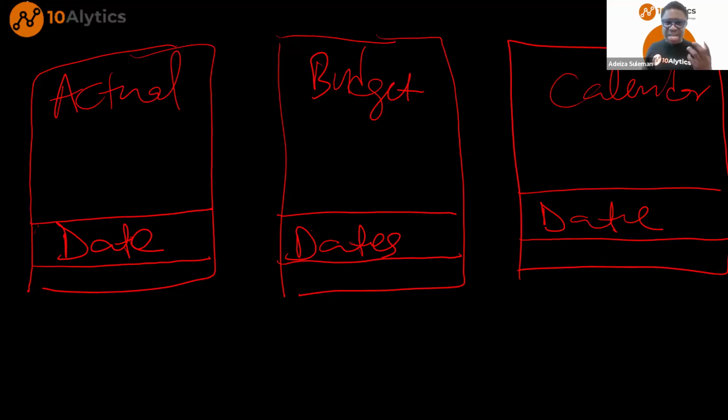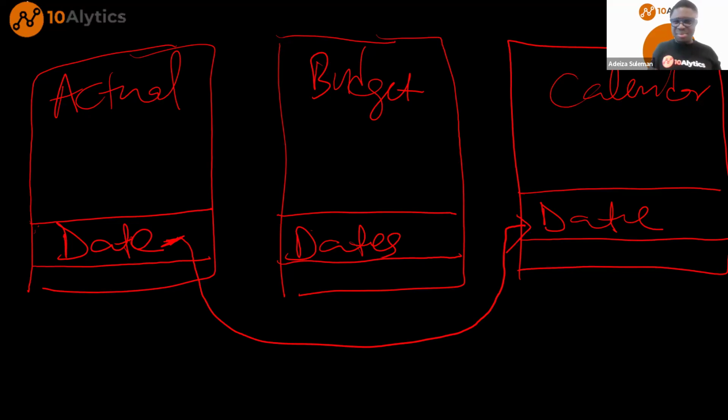Okay. So what I need to do is very simple. I'm going to do it practically, but I'm simply going to take the dates from my actual table, and I'll connect it to the dates in my calendar table. And I'll take the dates in my budget table and connect it to the dates in the calendar table.